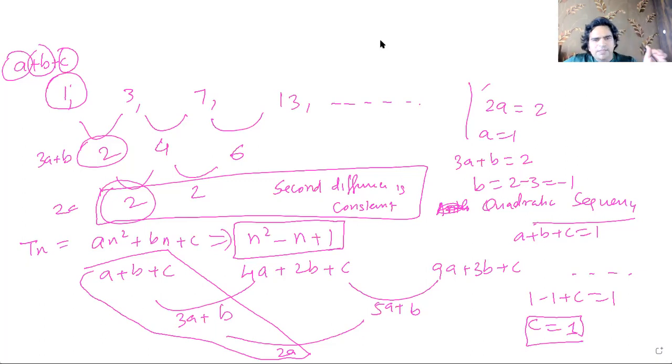Up till now, if you get any cubic sequence, like 1 cubed, 2 cubed, 3 cubed, and so on, which is 1, 8, 27, you need to be very mindful about what the sequence is. Let's say this is n cubed.